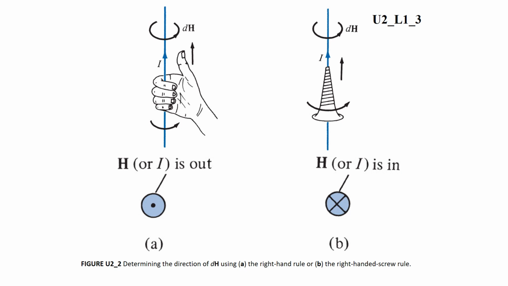Also, the standard notation for any vector, when it is coming out of the paper towards us, is a circle with a dot, whereas when the same vector is going away from us into the paper, the notation is a circle with a cross.